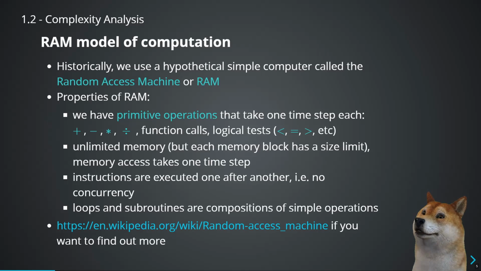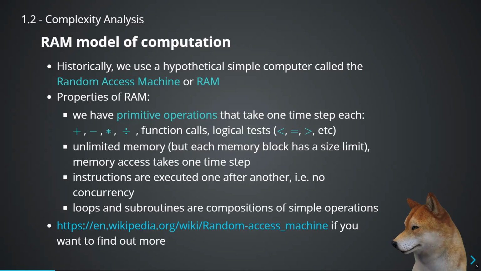You also have unlimited memory, and you can access memory using just one time step. The memory is arranged in blocks, so that reading one memory block takes only one time step. There's a size limit on each block, but you have an unlimited number of blocks. The instructions are executed one after another, so you don't have any concurrency.